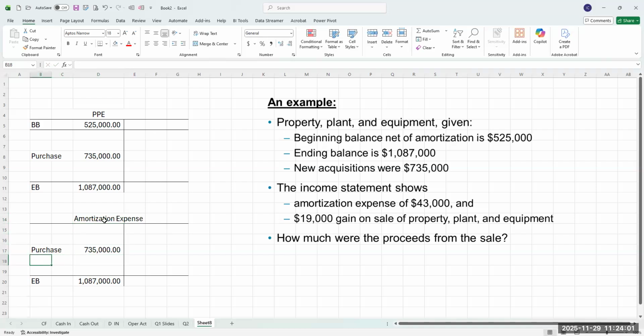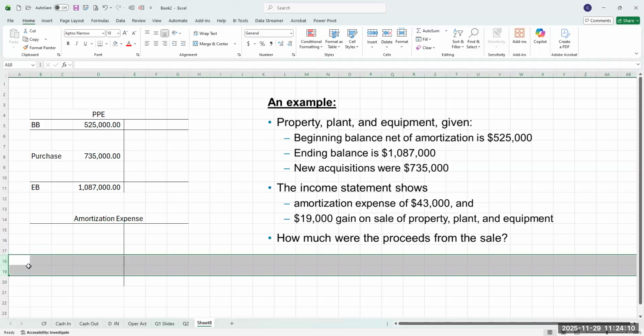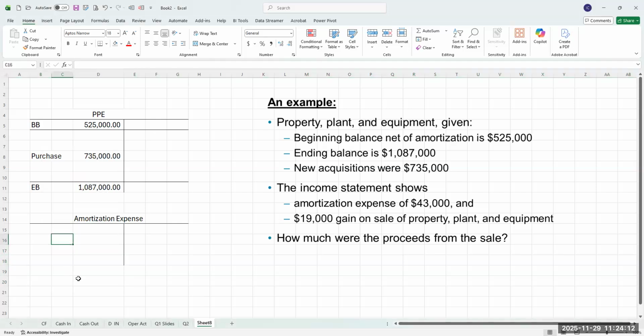I know that there's no balance on this account since it's an income statement account. Let's delete those two lines. I don't need those. That's too much. And my ending balance is going to be here. So my amortization expense for the period is $43,000.